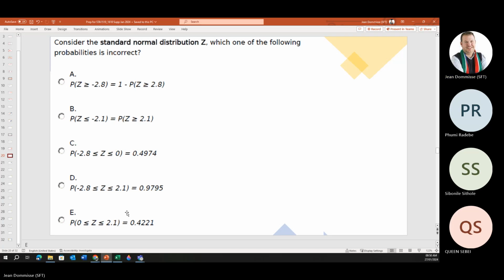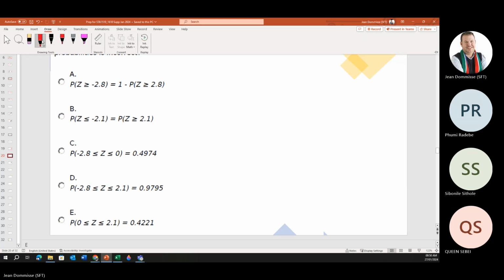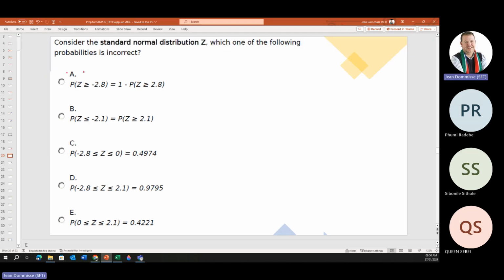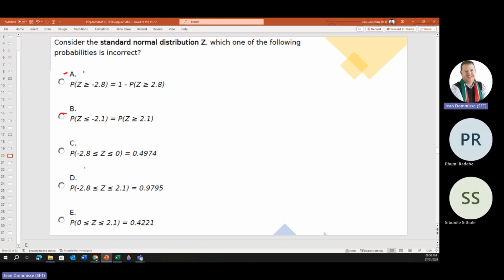Some of them, you will see, don't give you a value, like option 1 and option 2. Those two, you only need to use some of the theory. I will draw it for you to see if anything is out of the ordinary. The other three, we will need to use the Z table. Okay, so let's look at this one. I'll draw that one first.